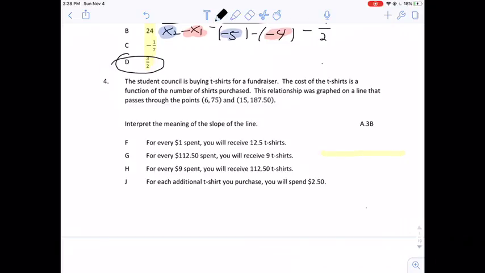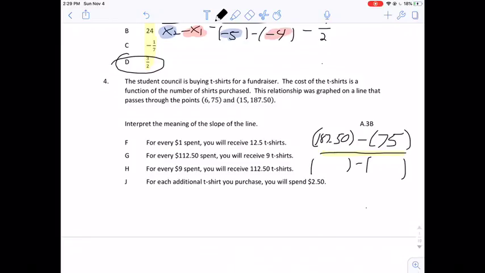Let's begin. Here is my open parenthesis one more time. I'm going to put in my y2, which is 187.50. My y1 is 75.